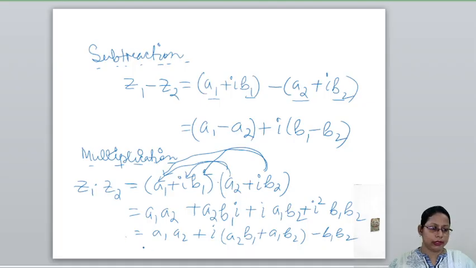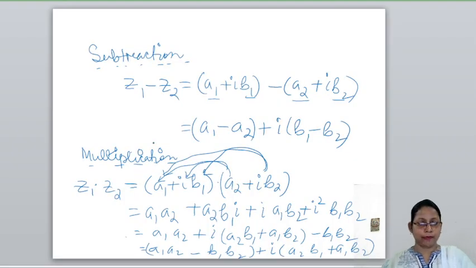So in the next line, this will be (a1 a2 minus b1 b2) plus i (a2 b1 plus a1 b2). This is the product of two complex numbers.